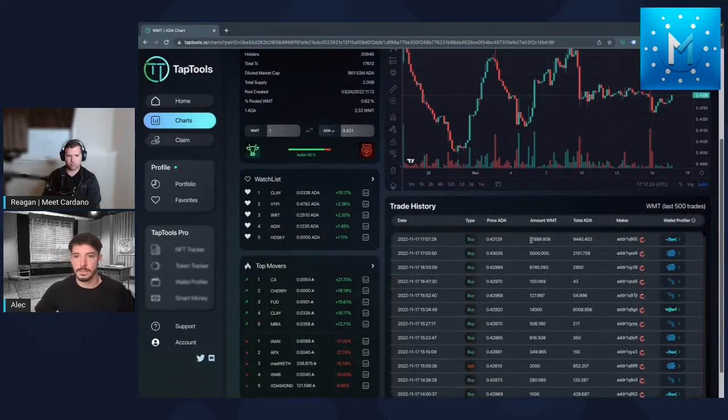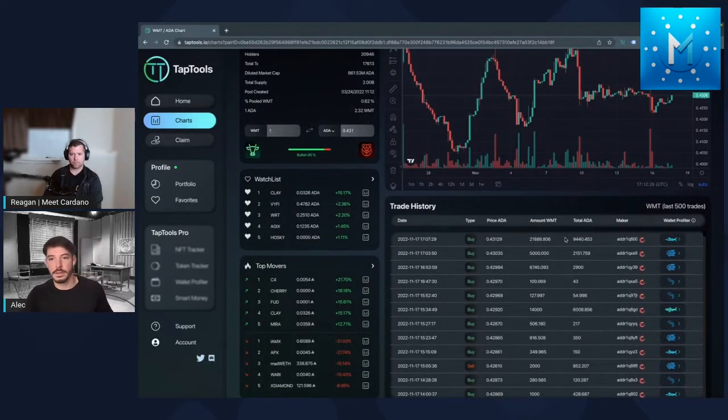What you'll see is how much World Mobile they bought, the amount of ADA that was bought. And then you'll be able to see, here's the address. But all right, who is this guy? This guy has 35,000 ADA in his wallet. And very soon, which I'll get into with TapTools Pro, you'll be able to see show more, which is going to let you see a deep dive into that specific wallet, which is really cool.